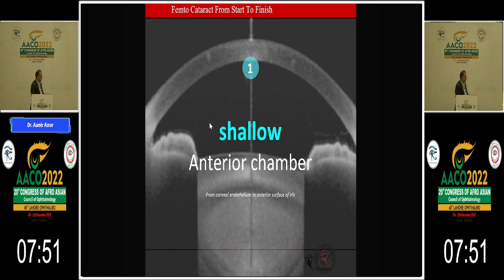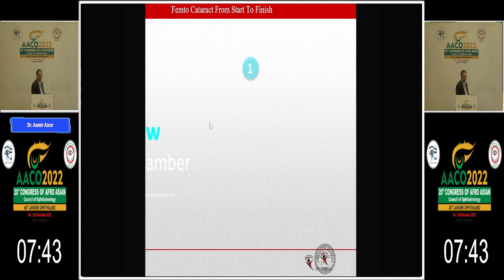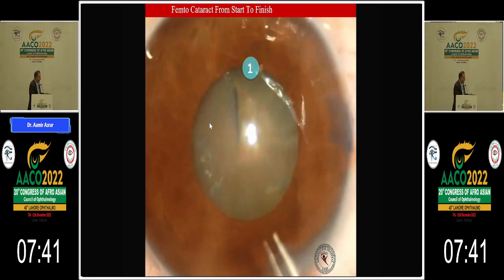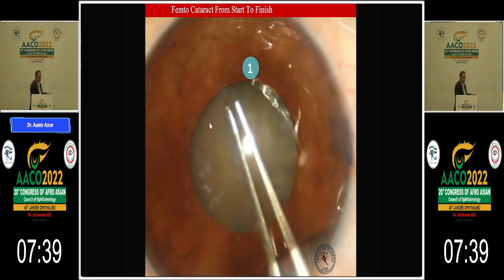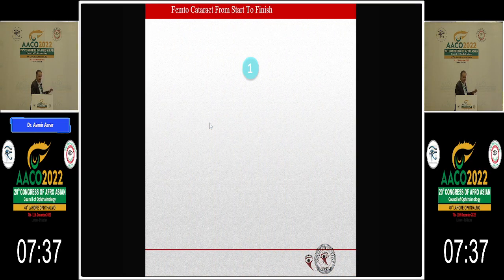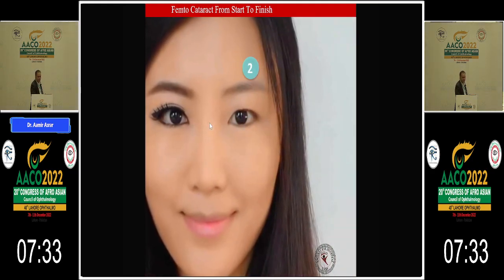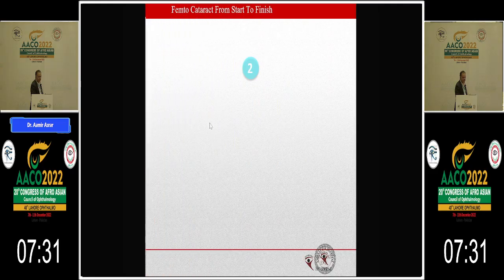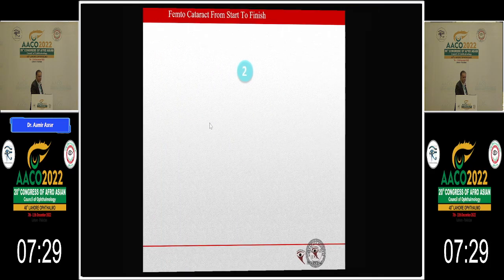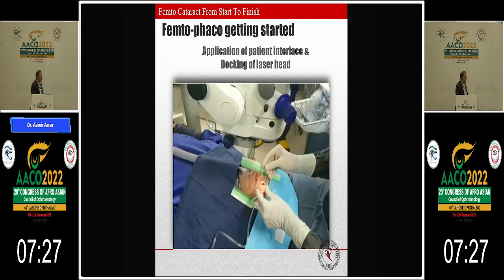I found femtocataract to be a blessing because we do not need to do a lot of manipulation, and we get a full capsulotomy with a segmented lens inside the eye. Similarly, when the orbital margins are way too prominent, things can be really easy because we can set things in very easily.